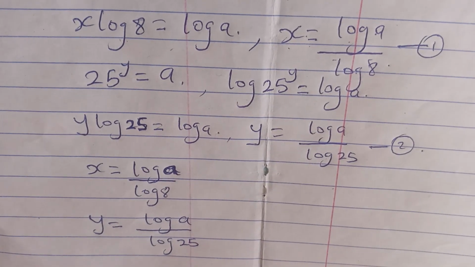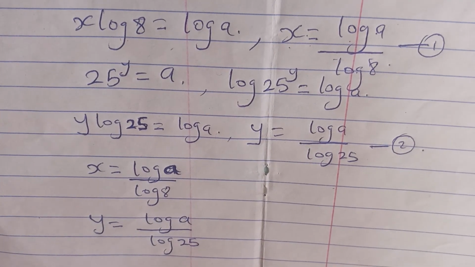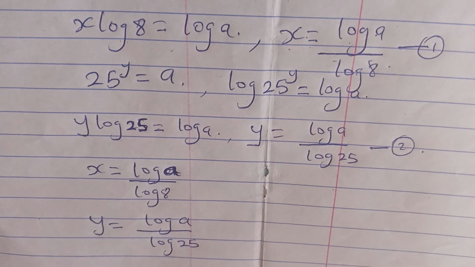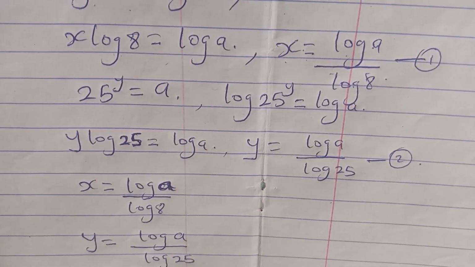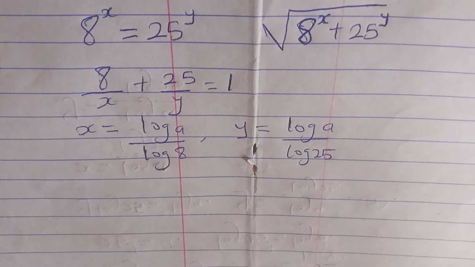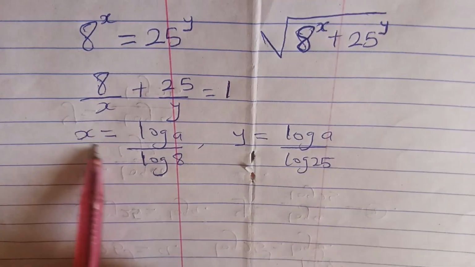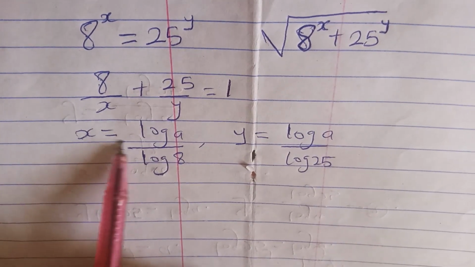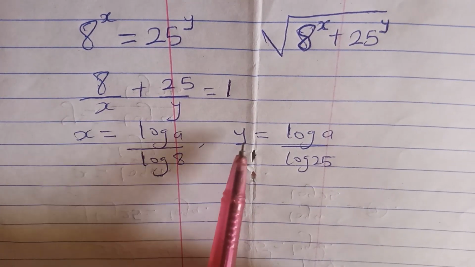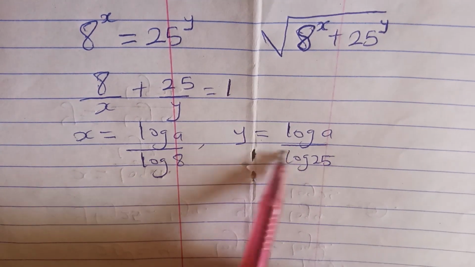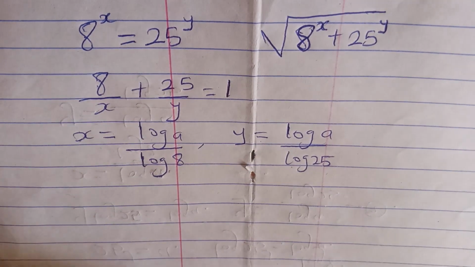Okay, this is what we now have. So let's solve further. We now have x equal to log a over log 8 and y equal to log a over log 25.